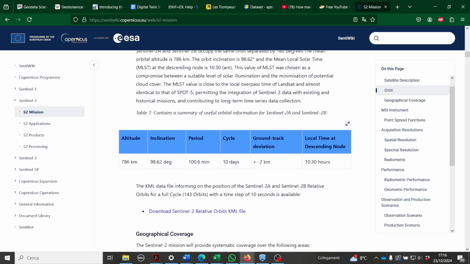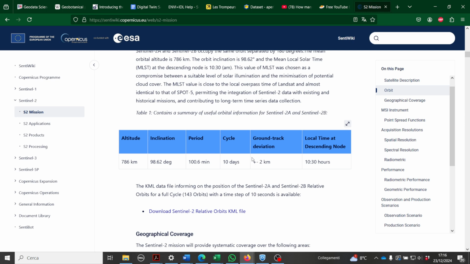All right, that is very important for us, and this is the table that is describing the main characteristics of our satellites. This is the altitude, this is the inclination, this is the period. That means that every around 100 minutes it is completing a single orbit, and the cycle is 10 days.